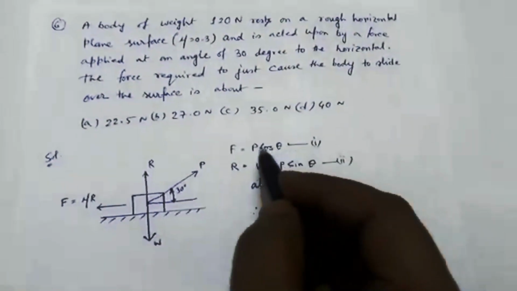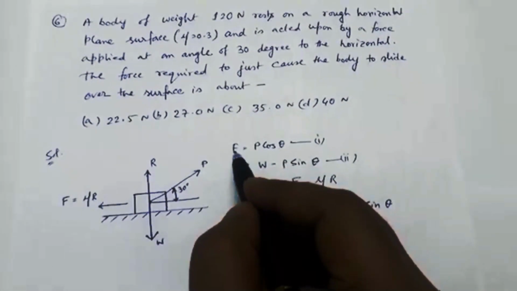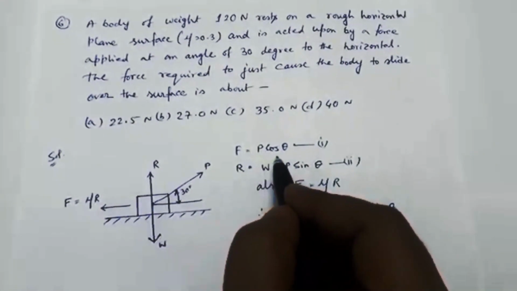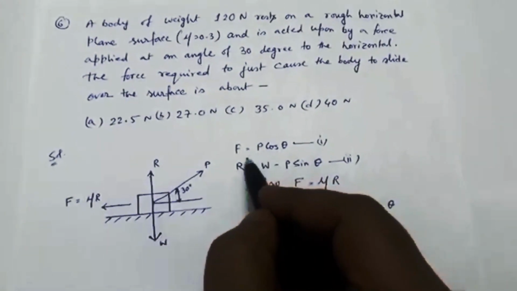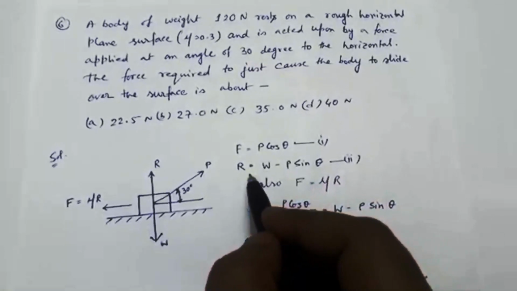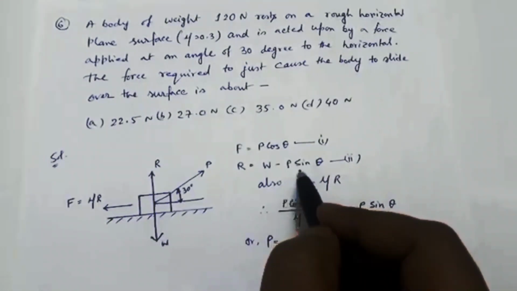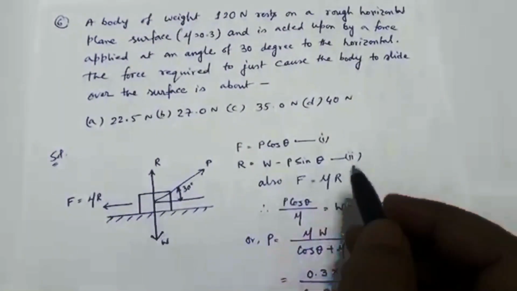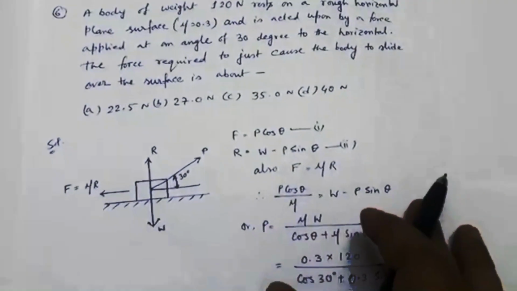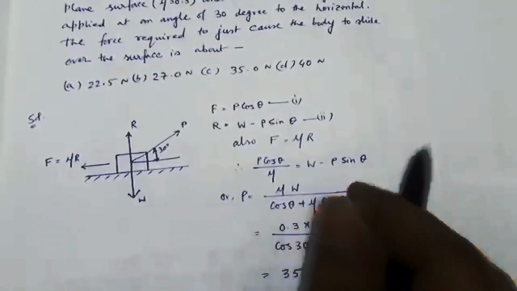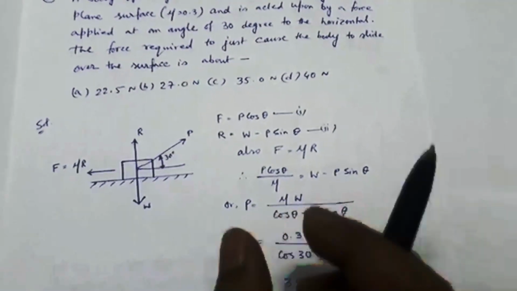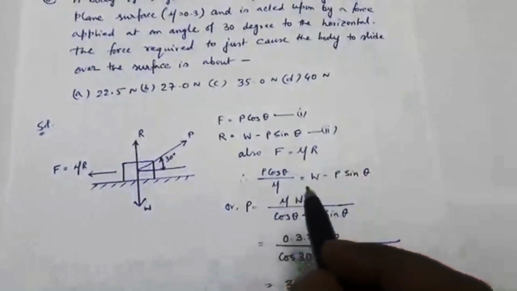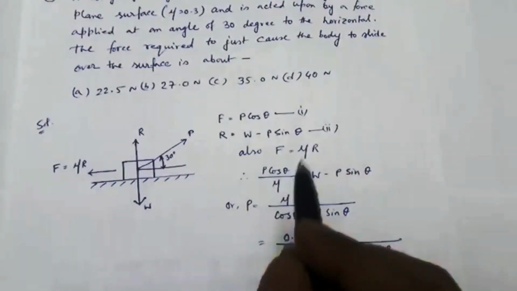From this condition, the first equation is F equal to P cos theta, and the second equation is R equal to W minus P sin theta. We know that F equal to mu into R. This is the equilibrium condition, so we equate both equations.